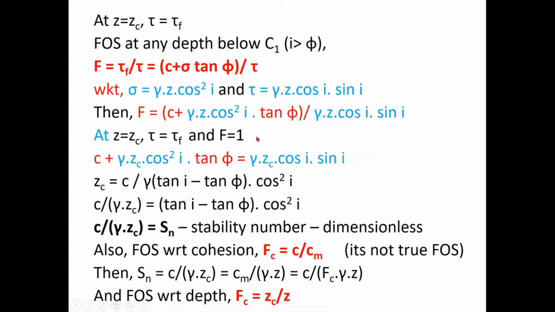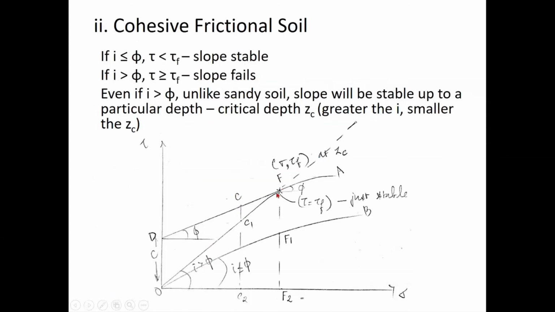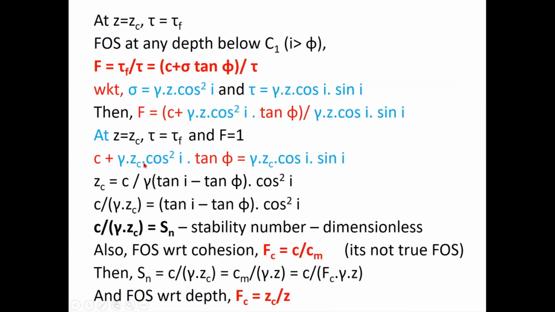When the factor of safety is equal to 1, at that point, tau is equal to tau f. Substitute 1 here so that this will be equal to this, right? So c plus gamma zc cos square i tan phi will be equal to gamma zc cos i sin i, right? So rewriting it in terms of this critical depth, zc is equal to c by gamma, divided by tan i minus tan phi, into cos square i.